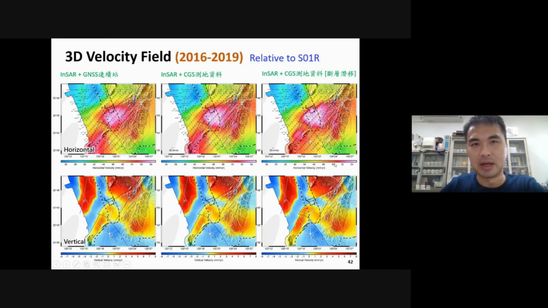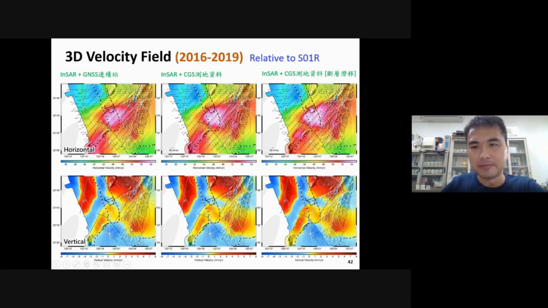In these results, we not only contain the InSAR and the continuous GNSS data, but also we consider the creeping effect. So here you will see the horizontal velocity pattern is a little bit different from here to here and from here to here.